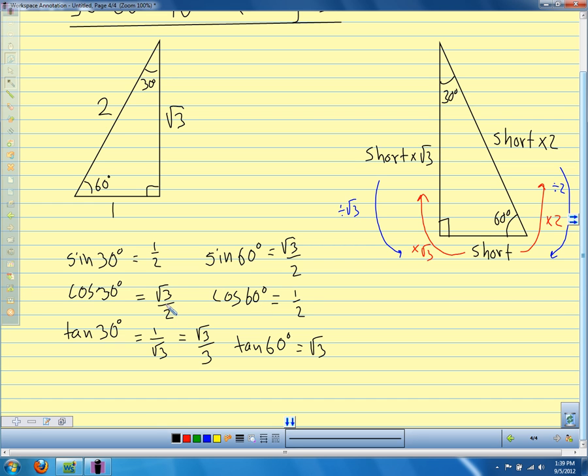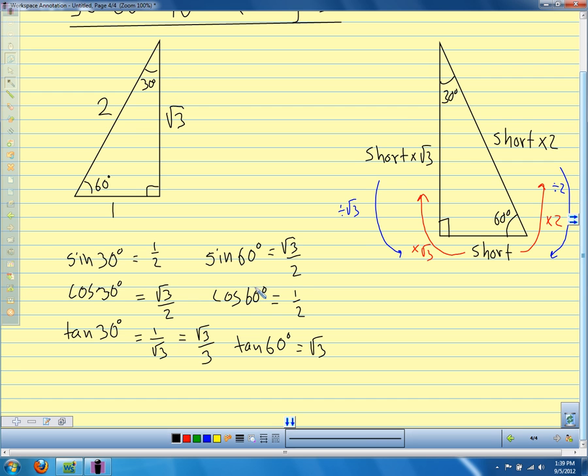Cosine of 30 degrees is the same as the sine of 60 degrees. How are 30 degrees and 60 degrees related? How did we talk about them the other day? What do they add up to? 90. So they're complementary. 30 and 60 are complementary.